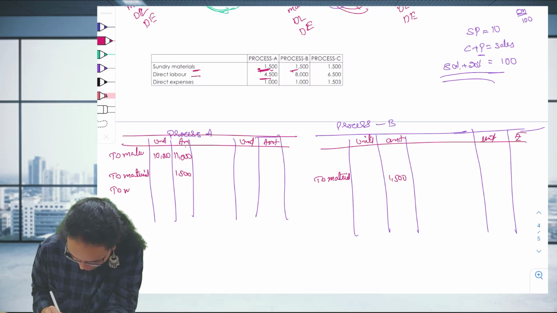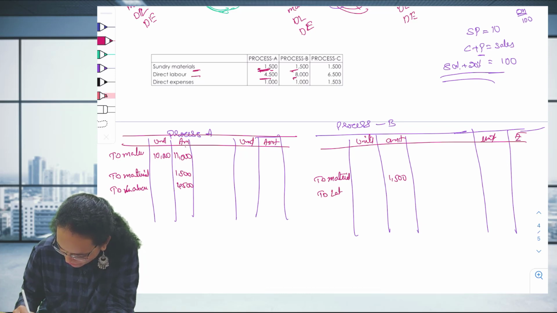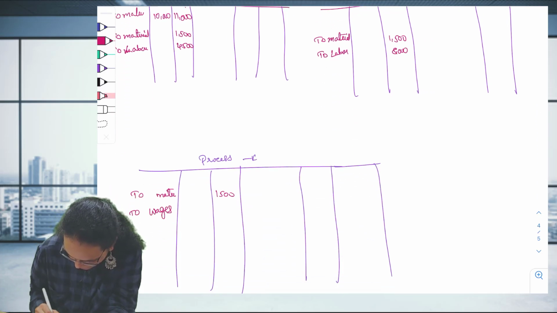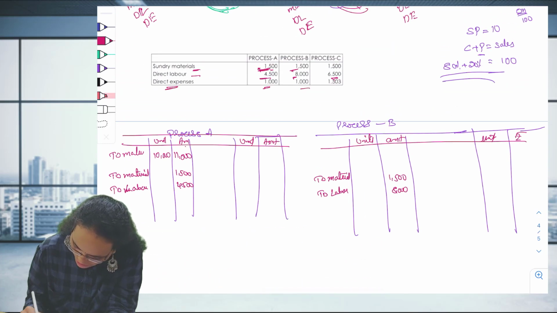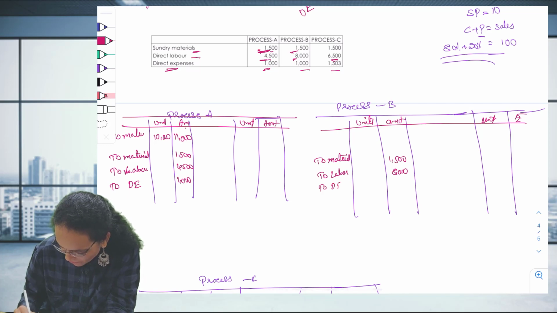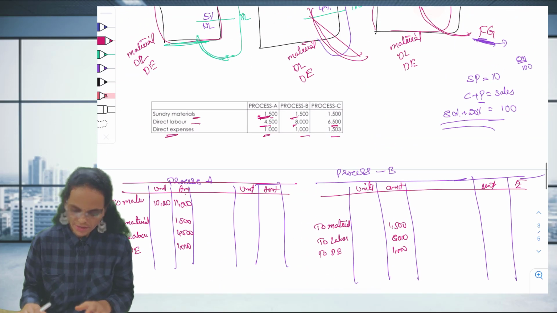To labor 4,500. In the second one, 8,000. In the third one, 6,500. Direct expenses 1,000, 1,000, 1,503 rupees.